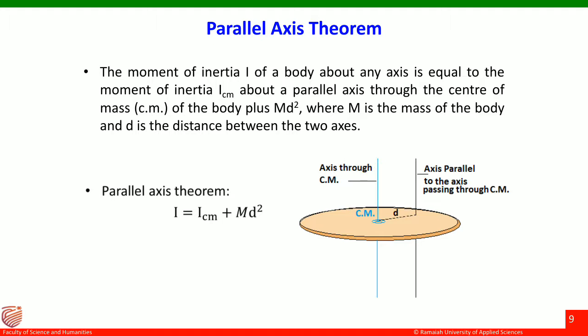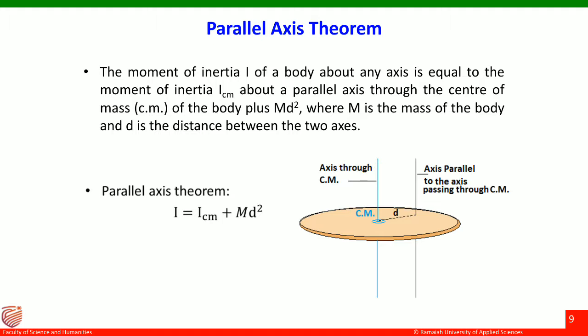If I denote that distance by d, where I is the moment of inertia about the particular axis I need to calculate, then I is equal to ICM plus m d square.